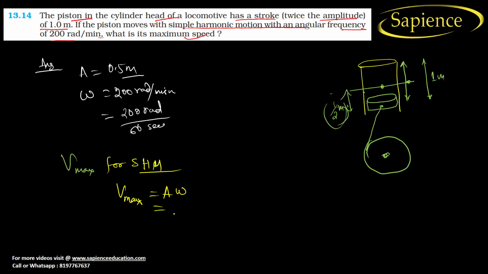So here amplitude is 0.5 into omega, which is 200 by 60 per second, so this will come as meter per second. Finally, this will be 5 by 3 meter per second.